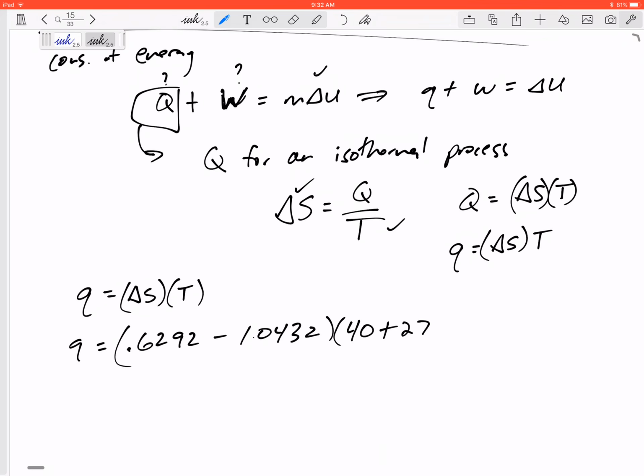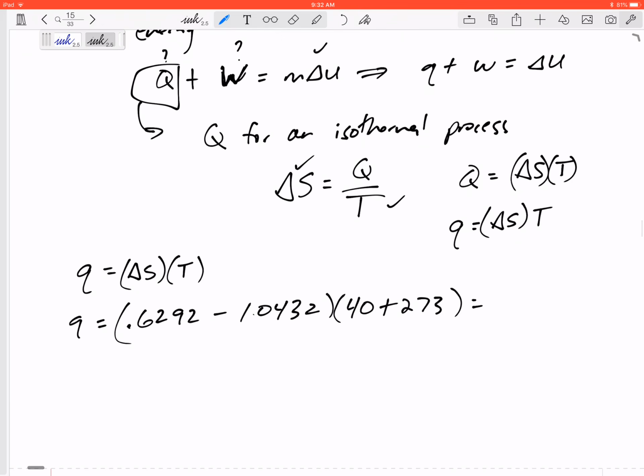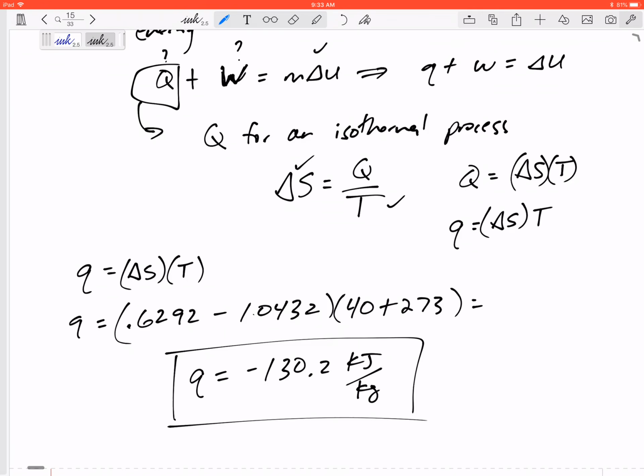Sometimes you can get away with leaving it in Celsius if it's a delta T, but if it's just a T, like in PV equals RT or Q over T, that almost always needs to be absolute temperature. So I changed that, and the units work out. Q is negative 130.2 kilojoules per kilogram. So there was some heat loss, and that's fine.